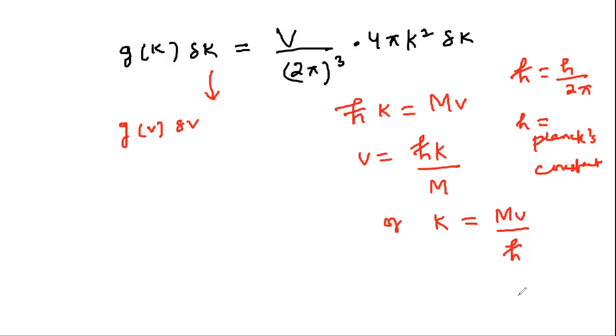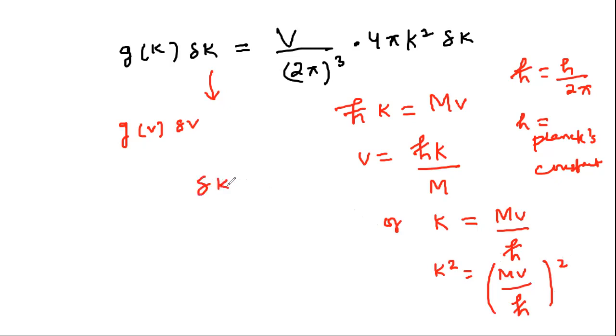Then you find your delta K. First you find K square. Our K square is MV by H cross, squared. What about delta K?